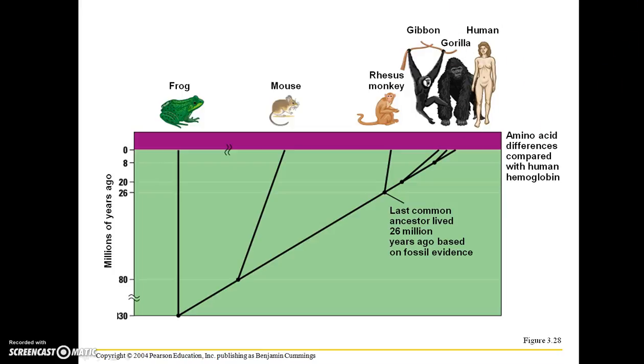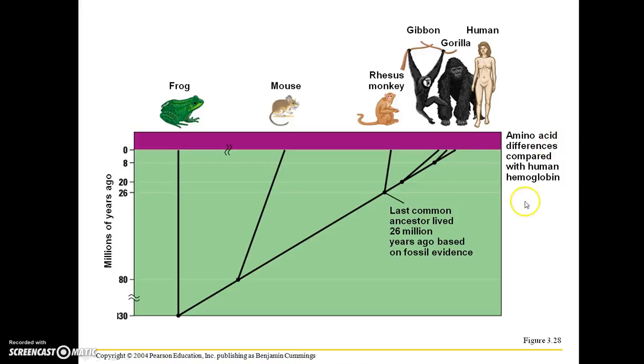For example here, this phylogenetic tree is a depiction of various species and however many millions of years ago they branched away from a common ancestor to form their own evolutionary trajectory. And all of this information was determined by differences in the amino acid sequence.